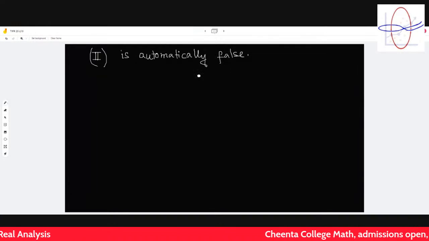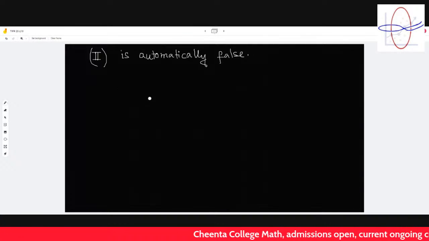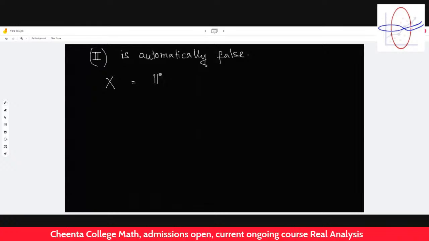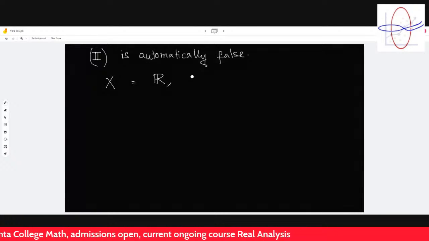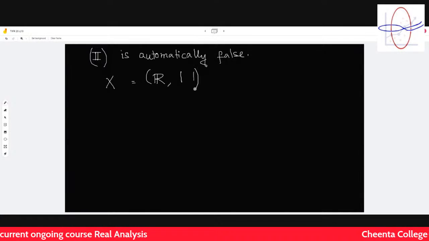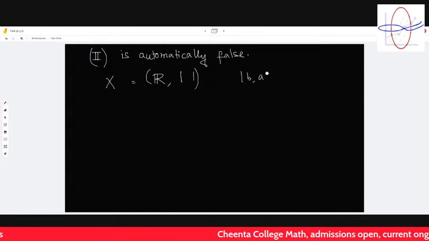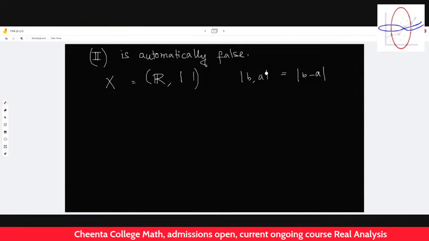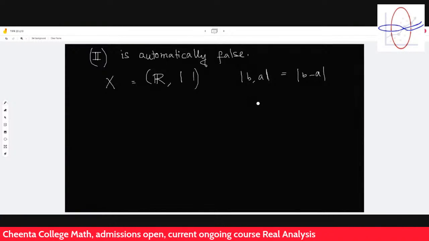What's the reason? It is automatically false because suppose you take your X to be the metric space R under the normal Euclidean metric. That is, the modulus of B minus A. Okay, so the normal Euclidean metric.